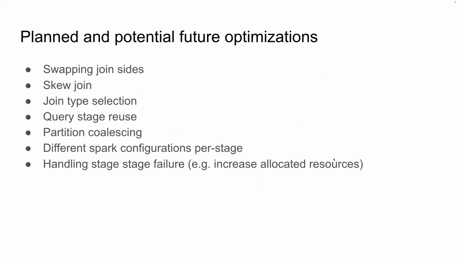And so here are some planned and potential future optimizations. The first one, which is the one that we're starting with because it's simple, so it'll allow us to test the whole system, is just swapping the build and the probe sides for the hash join. Some other optimizations that we're thinking about are skew join.